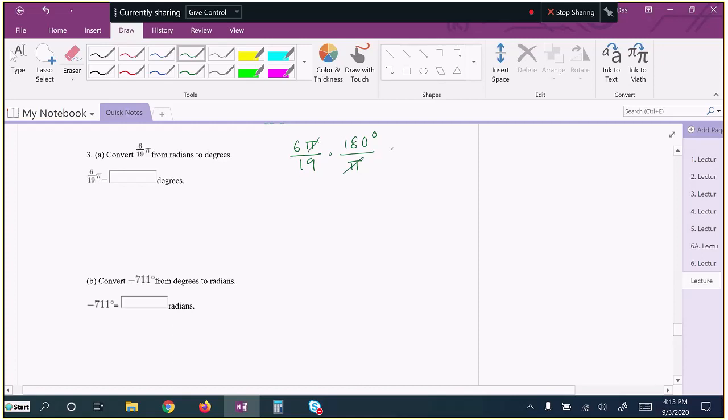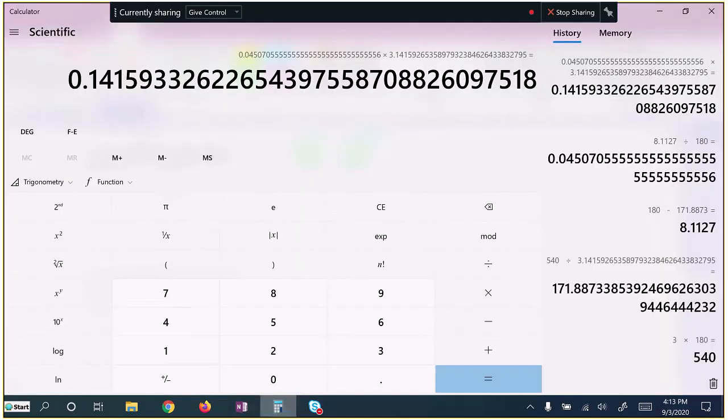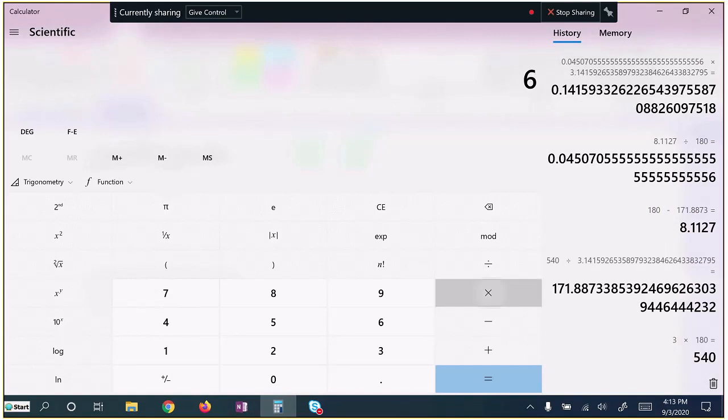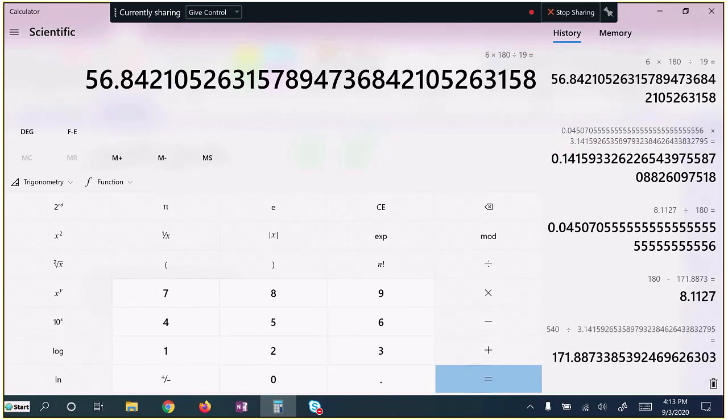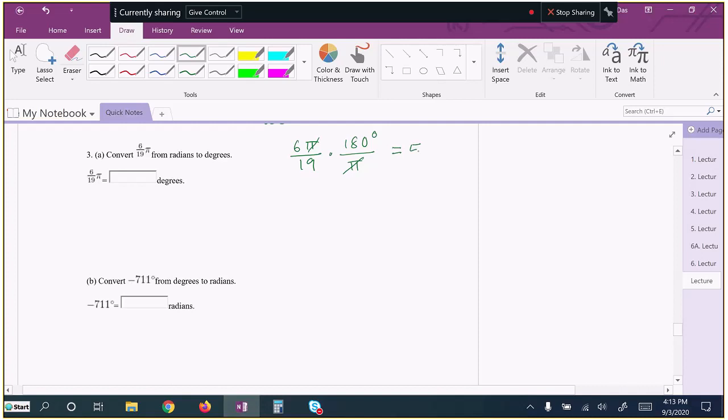Clearly pi and pi will cancel and we will do the rest of the work in calculator. So we do 6 times 180 and divide it by 19, and that becomes 56.8421 degrees. So that's your answer.